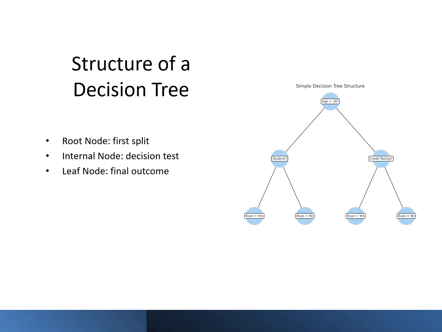So the structure of a decision tree is what we have in this picture on the right. I did mention that we start with the root node, where we can have our first split. Based on this diagram on the right, we can see that age here is that first split. And then we have the internal nodes, which are the decision tests, where we have student and credit rating, and then we have the leaf nodes, which are the final outcomes where you can make a decision.